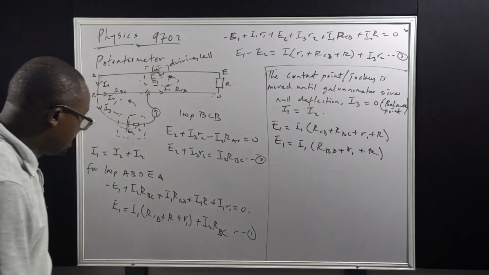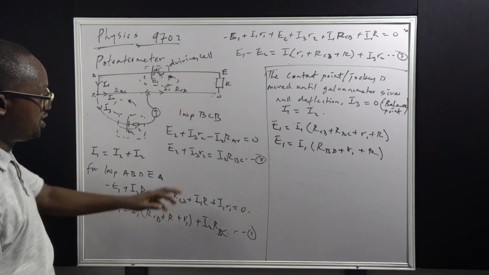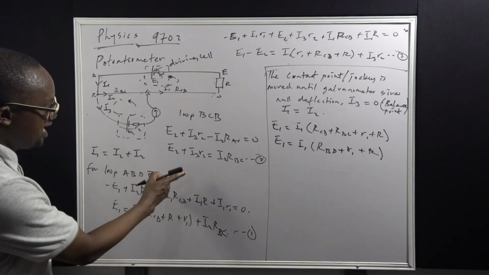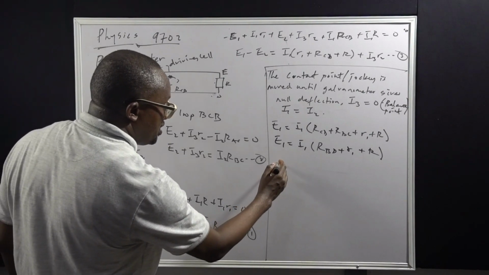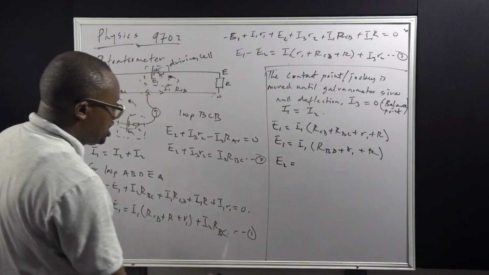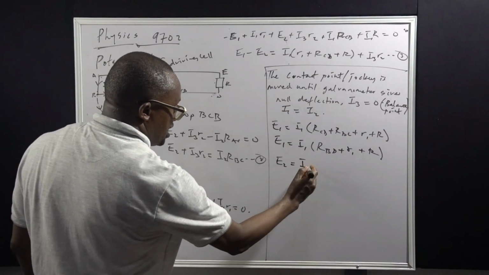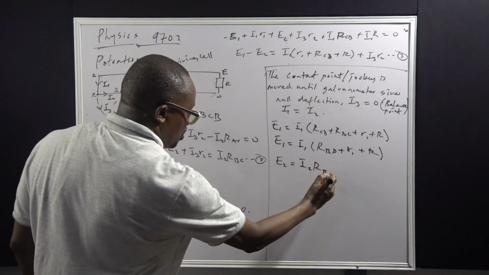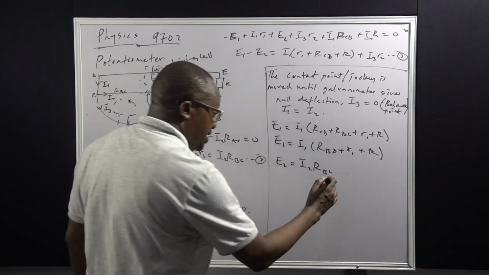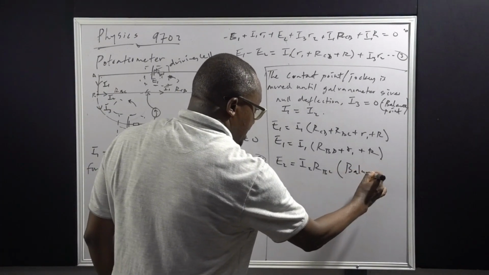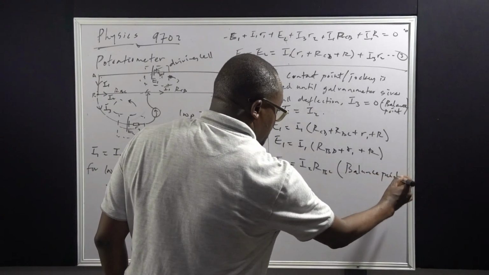Then also, for this loop, we have said that I3 is equal to 0. Therefore, E2 is equal to I2 times resistance of BC. So the point I was explaining before is that this point is what is called the balance point.